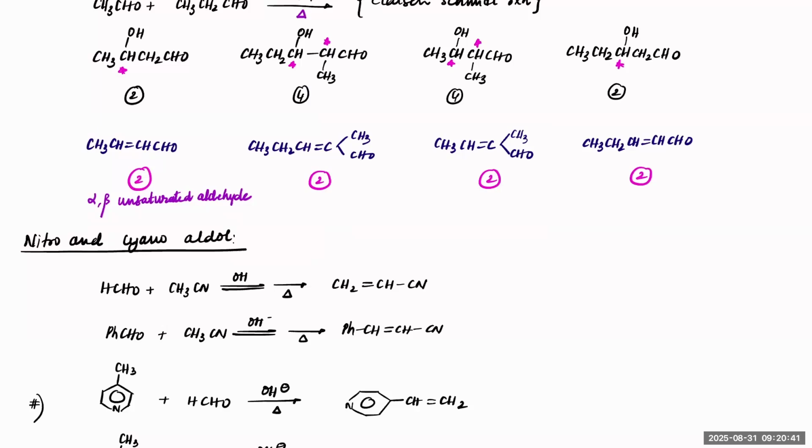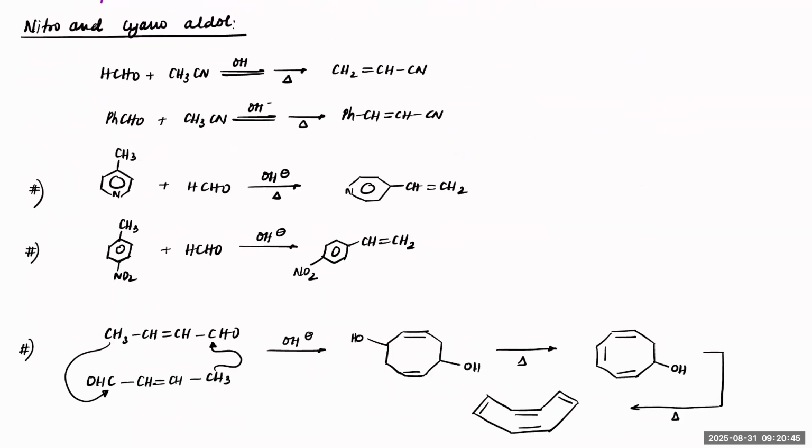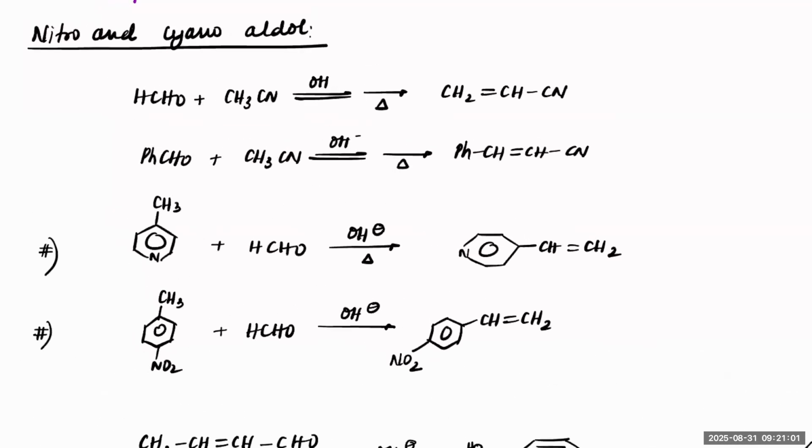Girls, clear, beta? What is nitroaldol? Nitroaldol is the case where, instead of an aldehyde, at the aldehyde position you have a cyanide or a nitro group, then it is called cyanoaldol or nitroaldol. Suppose you have an aldehyde here and then I have a CH3CN.